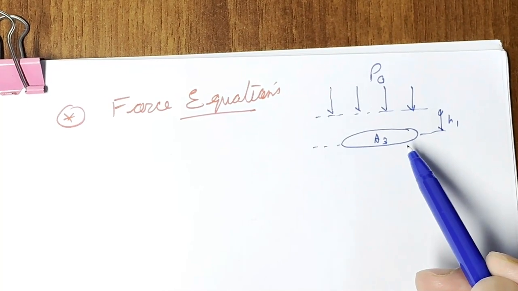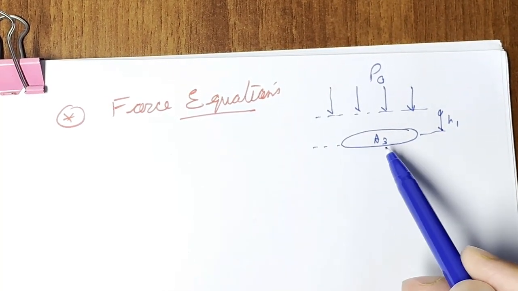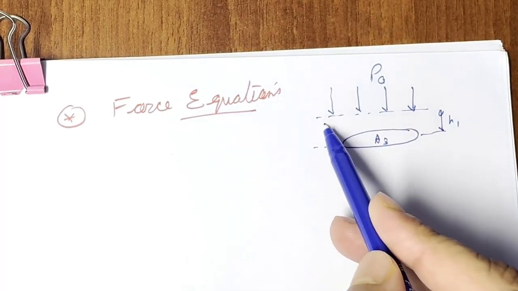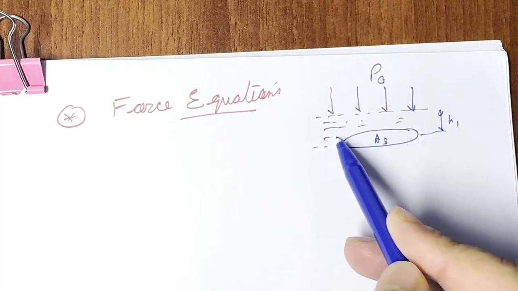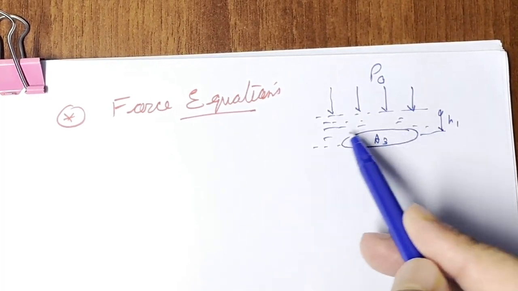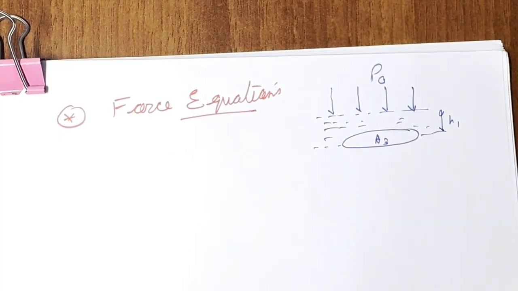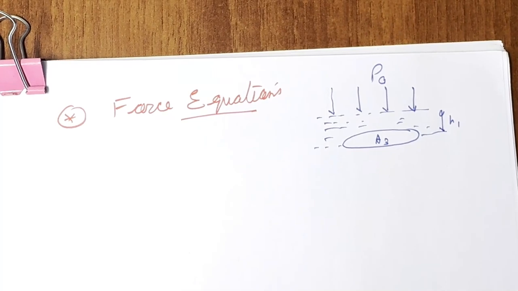So it means the force is going to have two parts, one with the liquid column that is above this particular A3 area, and another one will be the atmospheric pressure.